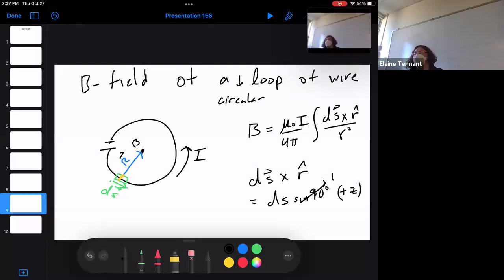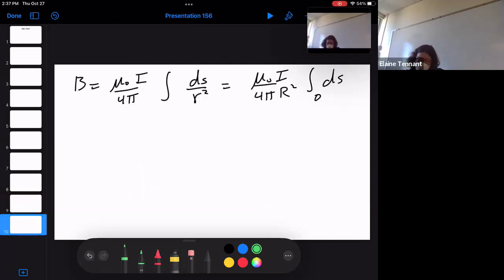And if I go all the way around, what should I go to? What is it called when you go the entire length around a circle? Not the diameter, the circumference, right? So you go all the way around the circle, that's the circumference, that is 2 pi r. So we add up all our ds's until we hit 2 pi r.